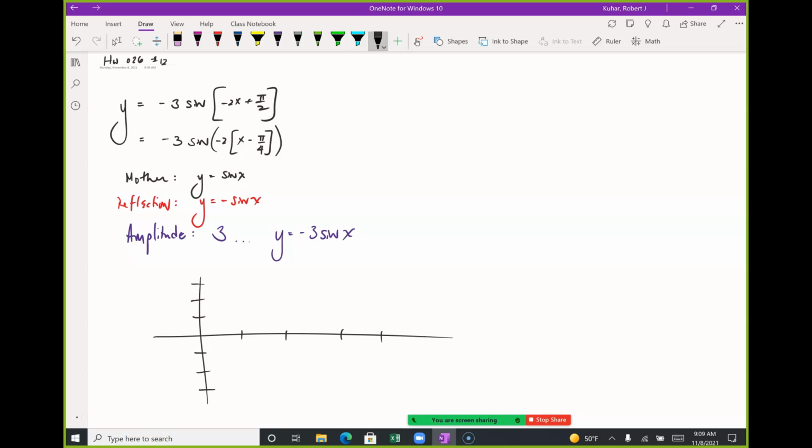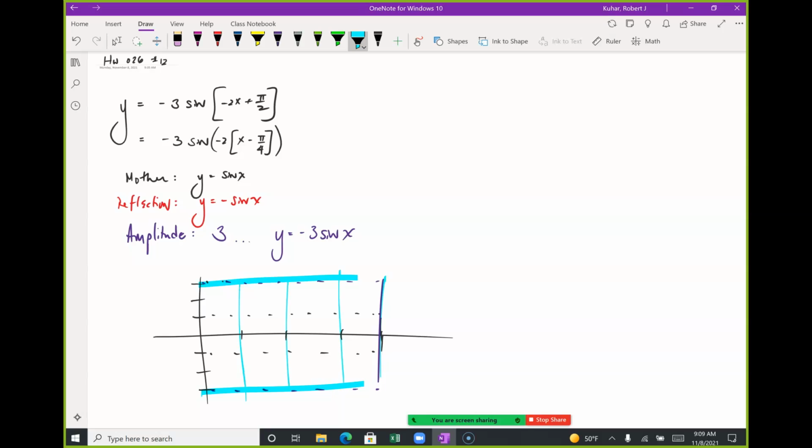I need the original rectangle for the mother, and I need the rectangle for the granddaughter. I think you can see the colors there, I'm not sure. Make it a little bit clearer.